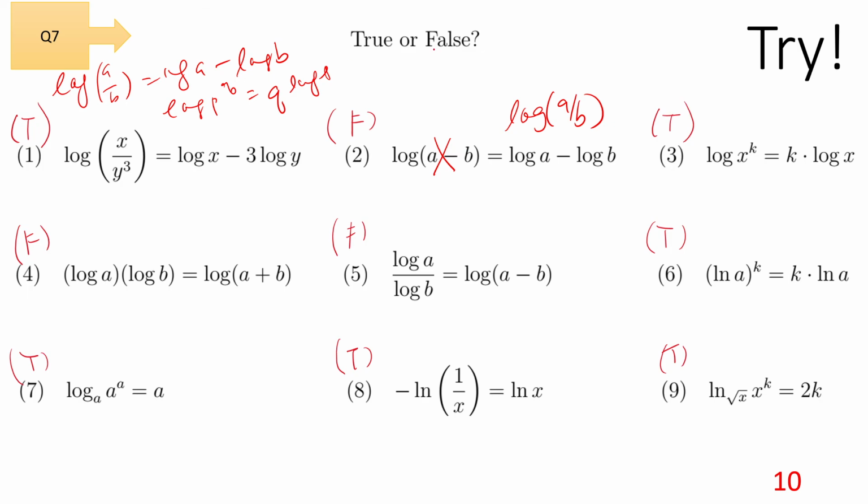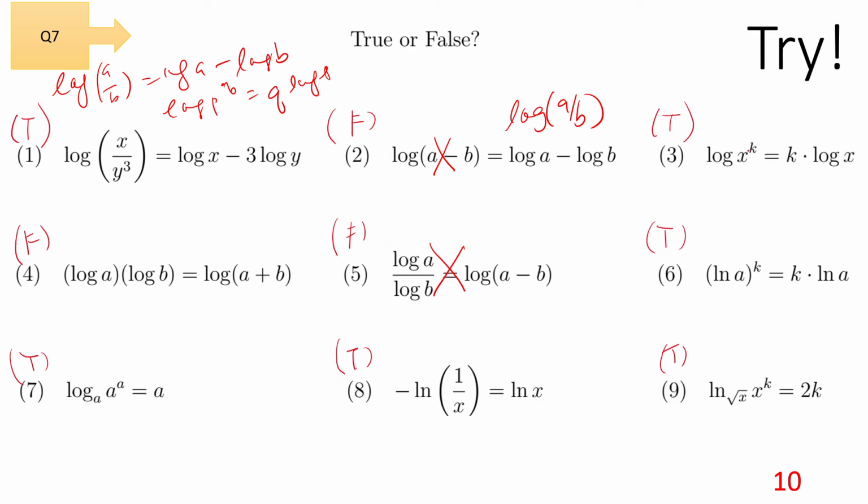Likewise, log a minus b is not log a divided by log b. This one is also wrong. So we only remember that log a divided by b is log a minus log b. The rest we don't have.